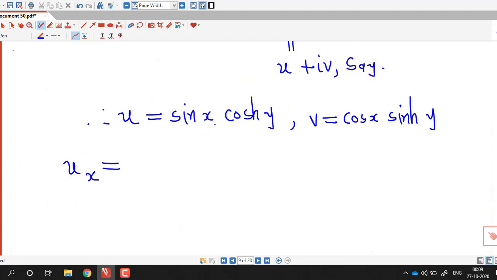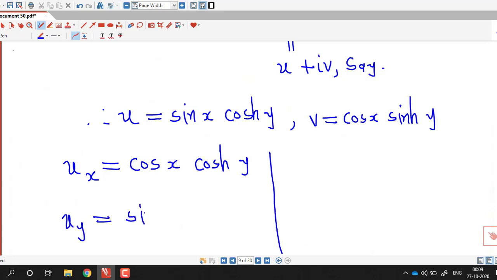Del u by del x: cos hyperbolic y is constant, derivative of sin x is cos x, so it is cos x cos hyperbolic y. Del u by del y is sin x as it is, derivative of cos hyperbolic y is sin hyperbolic y.